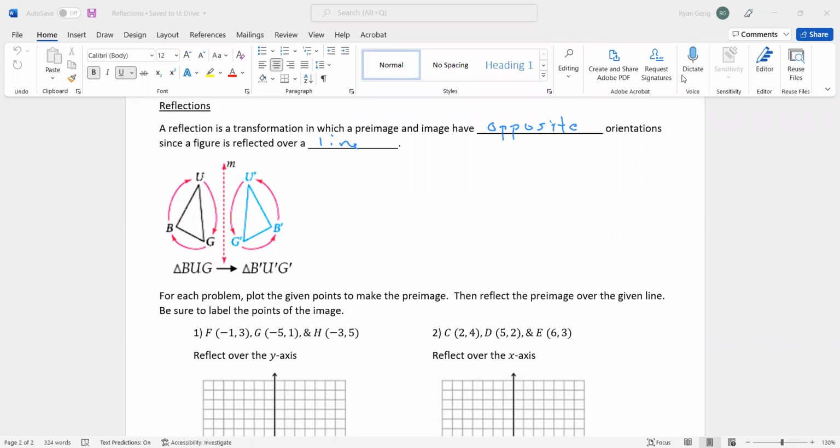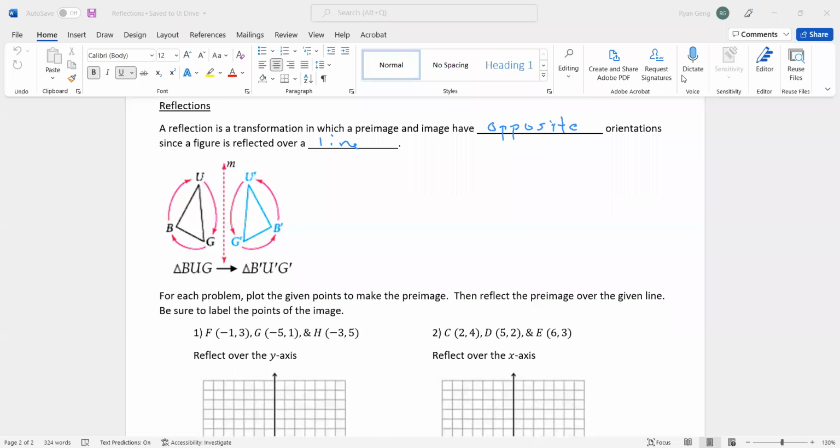The line that's being reflected over is line M. Triangle BUG maps to triangle B prime, U prime, G prime. And look at the order in which you read those. Triangle BUG, if you follow those letters, you're going in a clockwise direction. B prime, U prime, G prime, you have to keep the same order, but after the reflection, the orientation is going the opposite way, counterclockwise. And that's going to hold true for every reflection.